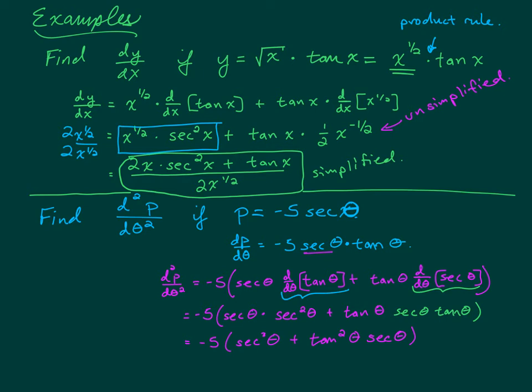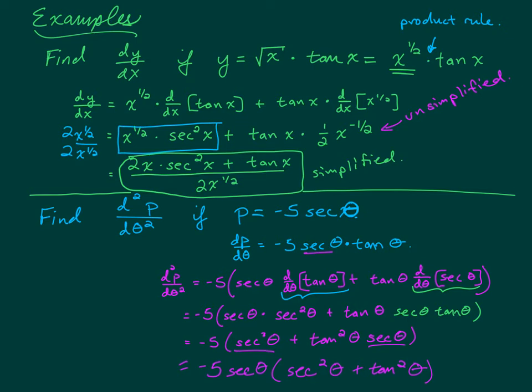So that's a derivative, and that is unsimplified, but there's one thing that we can do here, and that is common factor out 1 secant theta from both terms. So our second derivative will end up being -5 secant theta times secant squared theta plus tangent squared theta.